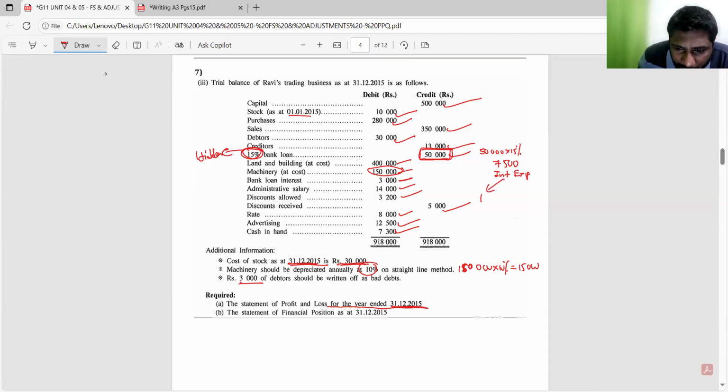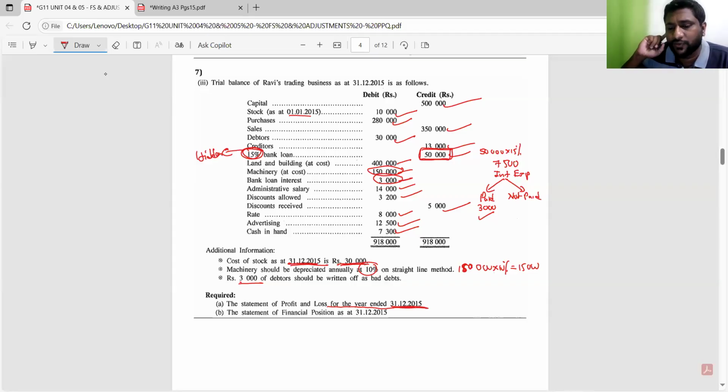The paid amount you can find in the trial balance. That is this 3,000. It is paid and recorded, that's why it is there in the trial balance. We have to find the not paid amount.